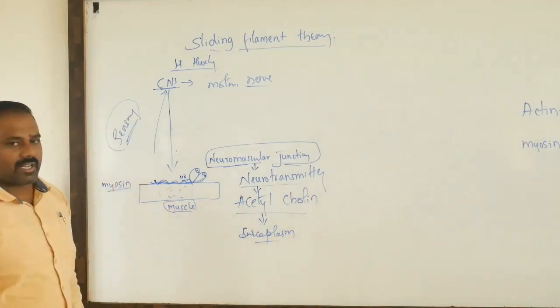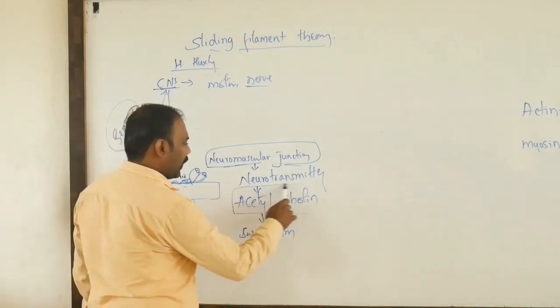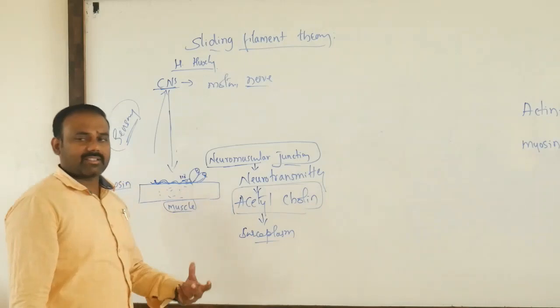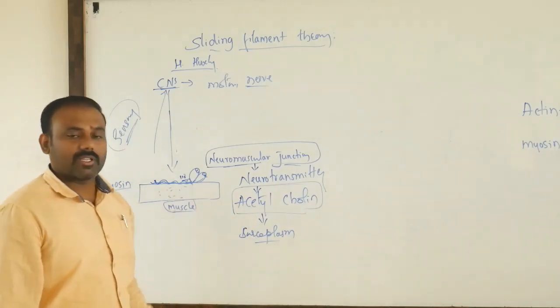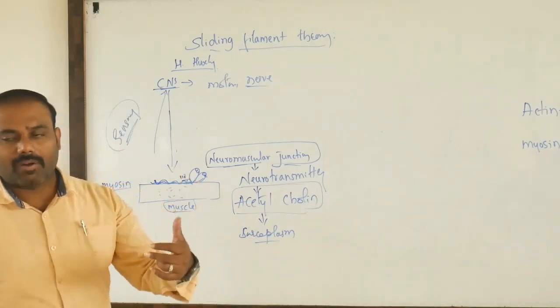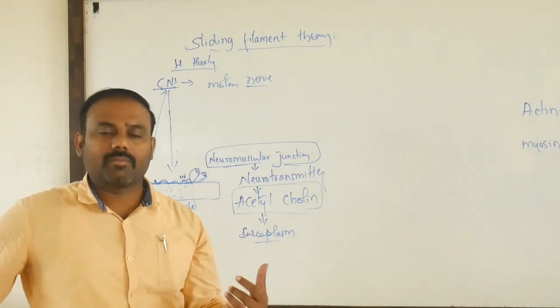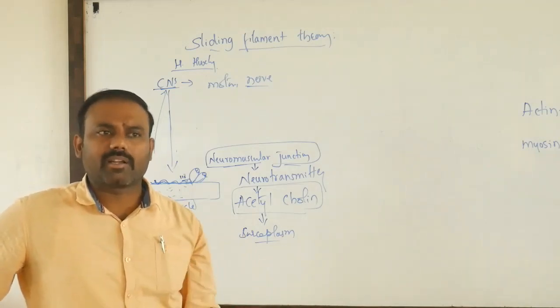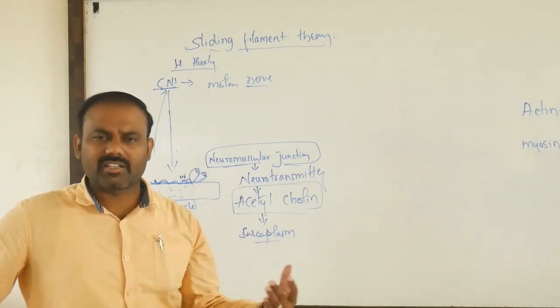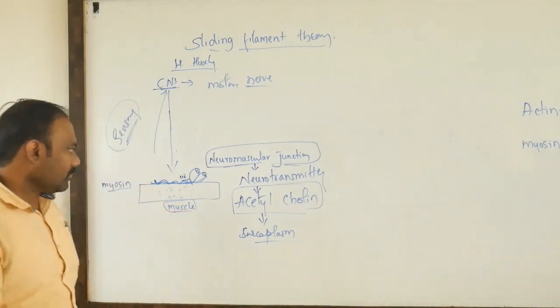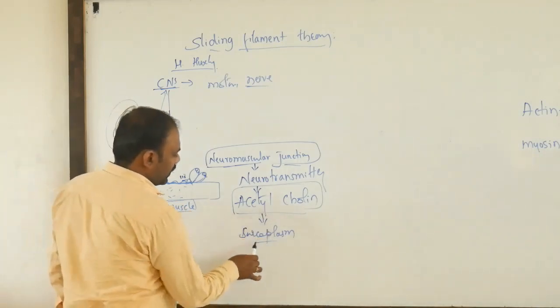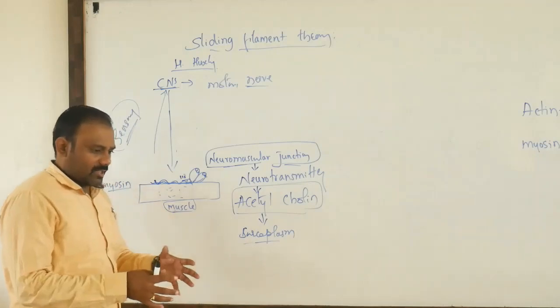That neurotransmitter refers to acetylcholine. That is a chemical that acts as a neurotransmitter. Apart from this, we will be having heparin. Apart from this, we will be having dopamine. Apart from this, many chemicals are present in our body, and they are considered as chemical messengers. Now this acetylcholine is going to be released into the sarcoplasm.